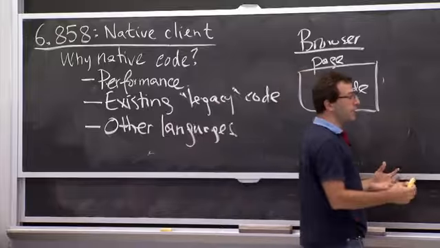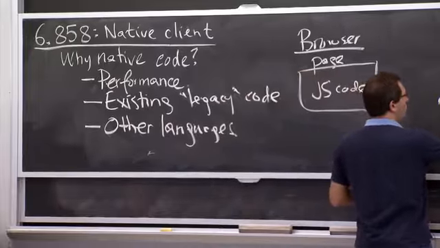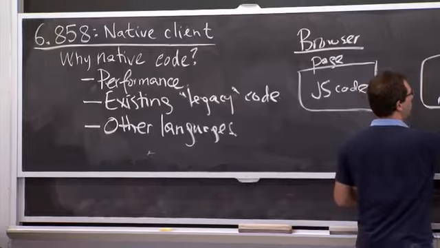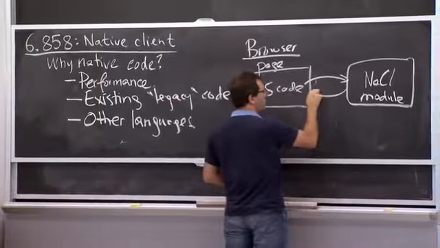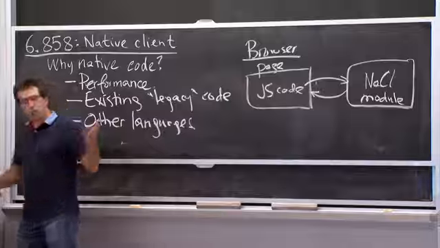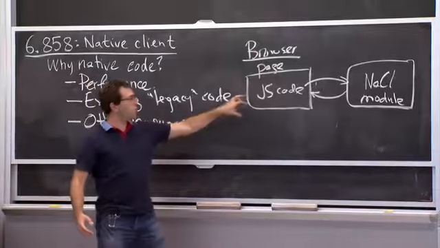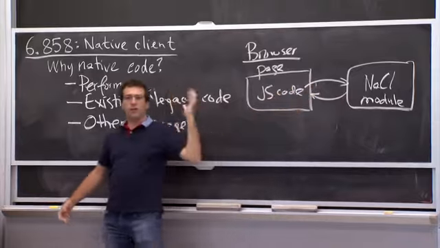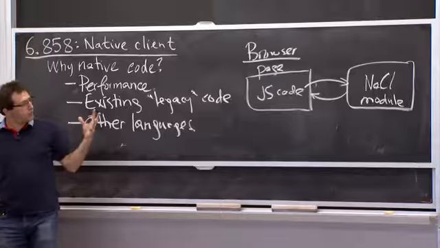But what Native Client allows you to do is to have this Native Client module running to the side in the browser as well. And the JavaScript code can actually interact with the Native Client module and get responses back. What you see here in this web page is the little bit of JavaScript code that's necessary in Native Client to interact with the particular NaCl module that we're going to be running. And you can send messages to this module.